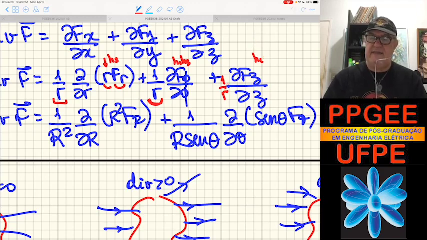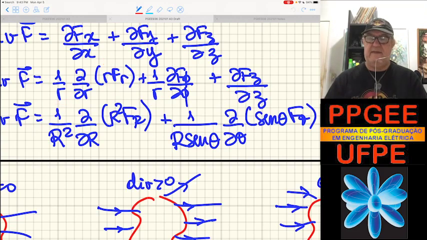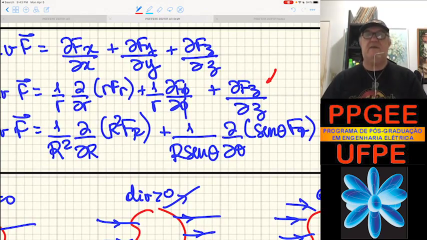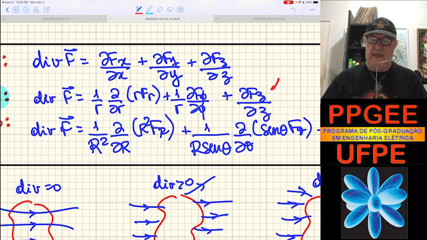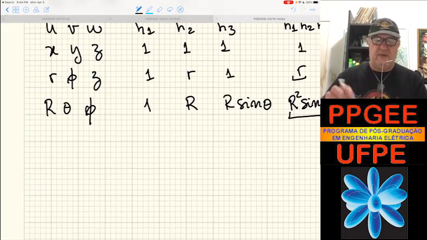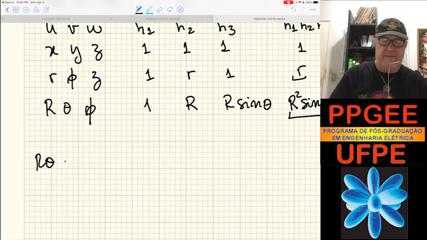So we don't have that. That's why it's like this. So this is the expression in cylindrical coordinates. Also, in spherical coordinates, let's see here, we have R squared sine theta in the denominator. Okay, maybe we should calculate also for R, theta, phi.